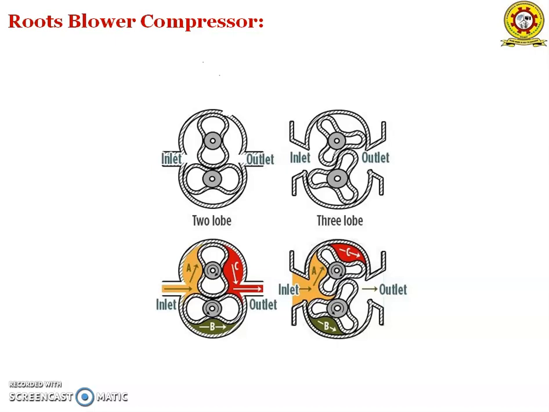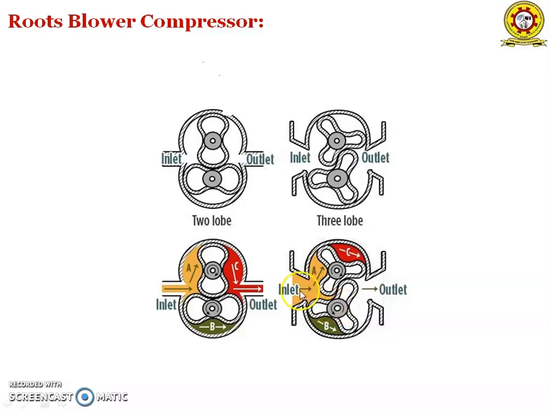The rotary motion of the lobes delivers the entrapped air to the receiver. Thus, more flow of air into the receiver increases the pressure. Finally, the air at high pressure is delivered from the receiver. This is the two lobes Roots blower compressor, and this is the three lobes Roots blower compressor.